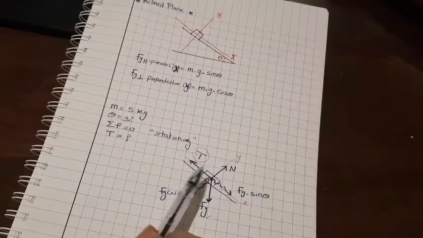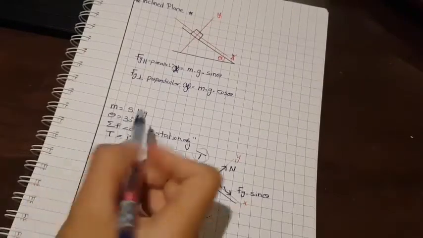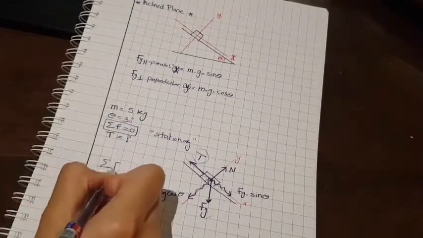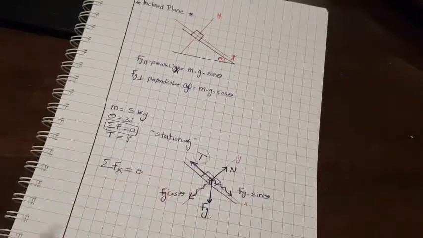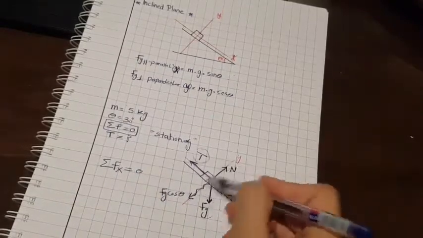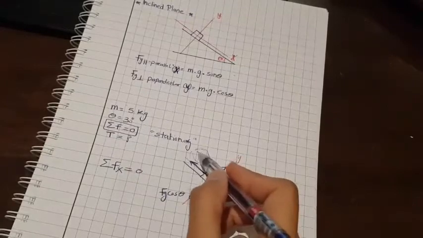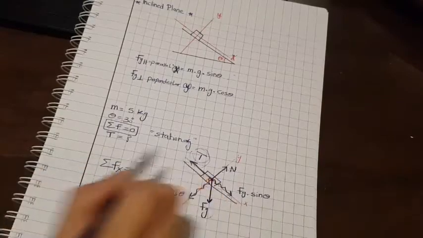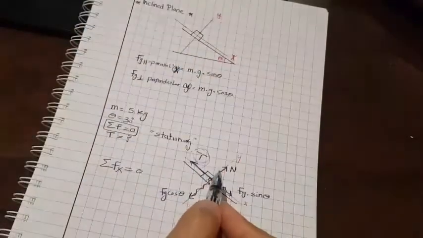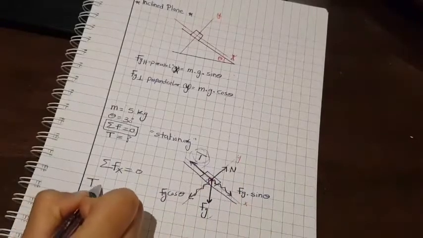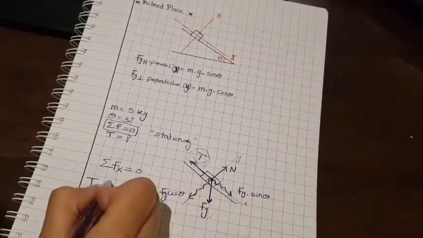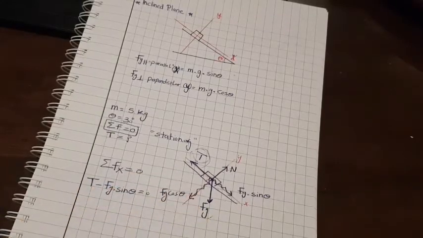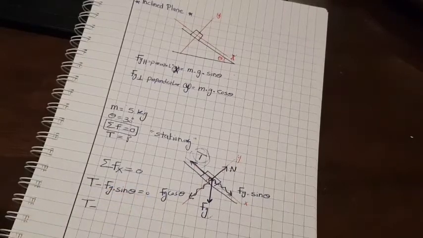After that I will look at Newton's first law. I write sum of forces equals 0 on the x-axis. I don't care about the y-axis, because they're asking for tension and tension is on the x-axis. Sum of forces on the x equals 0. What forces do I have? Tension, and it's positive because it's going toward up, so tension minus Fg sine theta equals 0. Tension is unknown, minus Fg. How to find Fg?